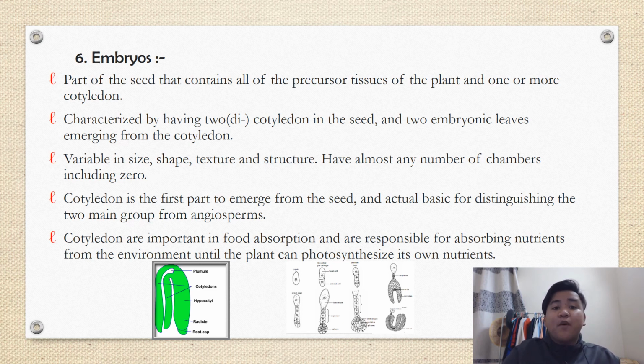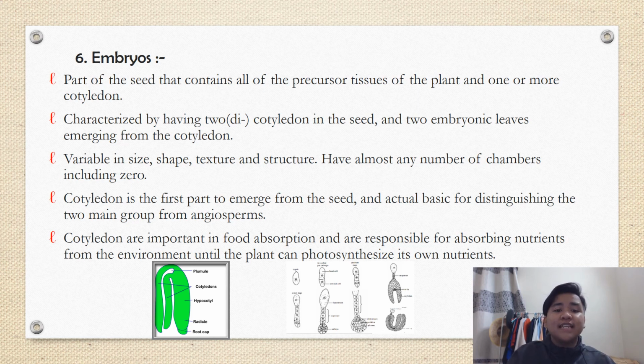The seed pod of dicots is variable in size, shape, texture, and structure. Dicot seed pods can have almost any number of chambers, including 0. More often than not, dicot seed pods contain more seeds than a monocot seed pod.